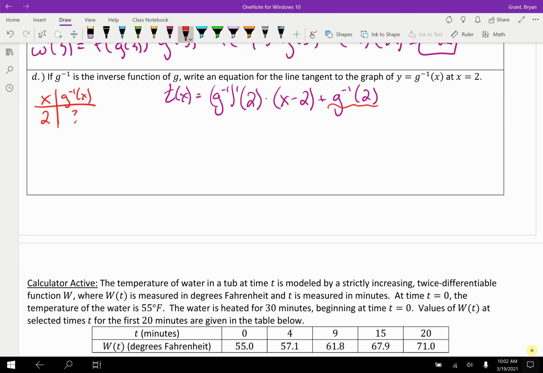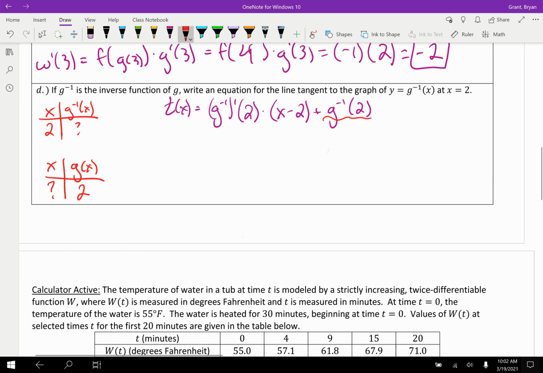But if you're unsure of that, don't forget that we can always look at the original function instead of the inverse, which we don't know a lot about. What is the relationship that an inverse coordinate pair has with the original function? We can switch the two points: (2, something) means (something, 2). We can determine that just by looking at our table.